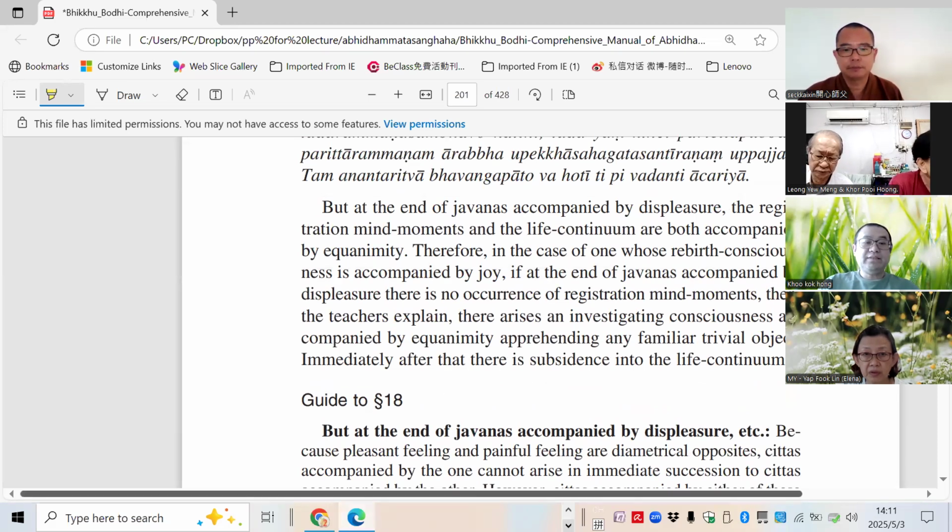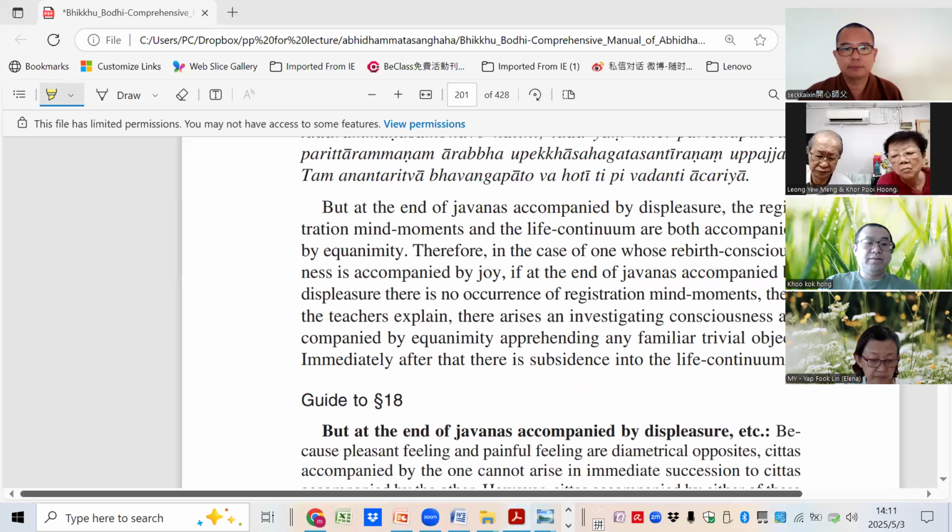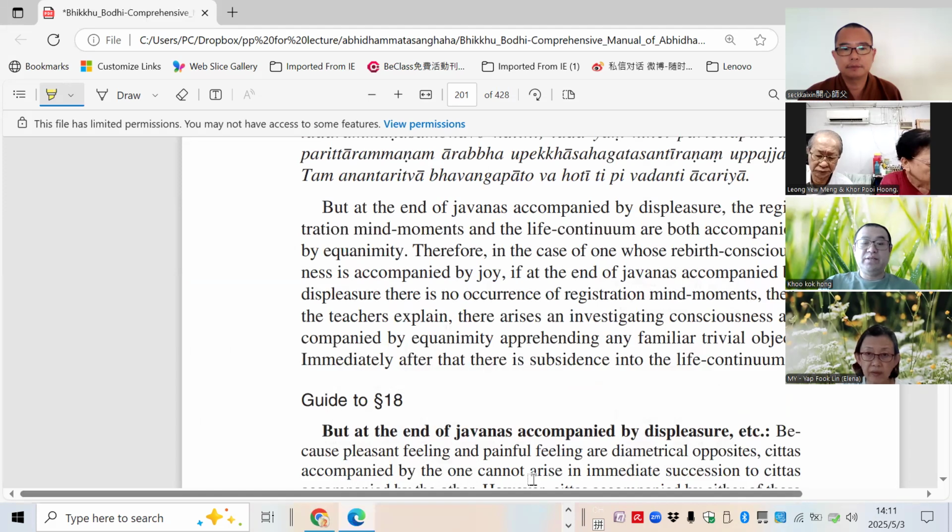The advantageous bhavanga: at the end of javanas accompanied by displeasure, the registration mind moment and the life continuum are both accompanied by equanimity.